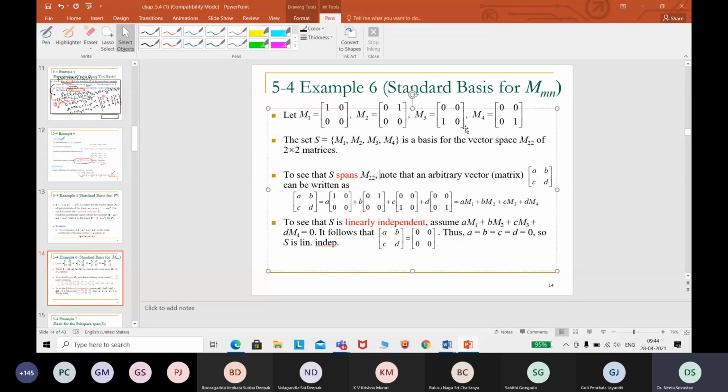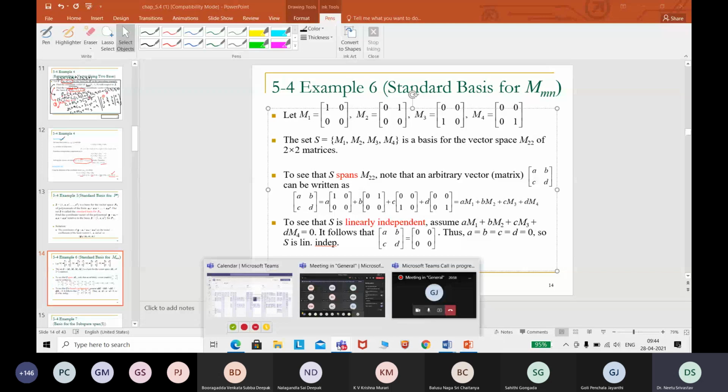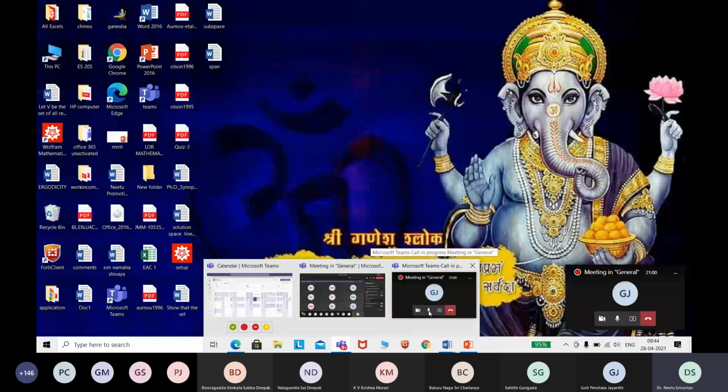Just check independence and tell me whether M1, M2, M3, M4 are linearly independent or not. Quickly check, all of you. I'll give you 1 minute.